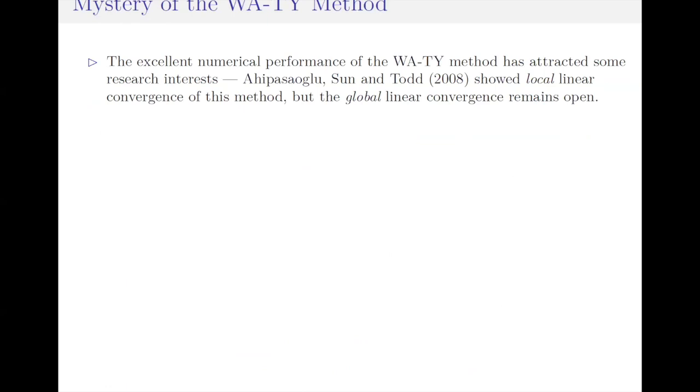So there's one example. My colleague, with his collaborator, intensively studied this algorithm around 2010. In one of the papers, they showed this method has local linear convergence, but global linear convergence remained open.